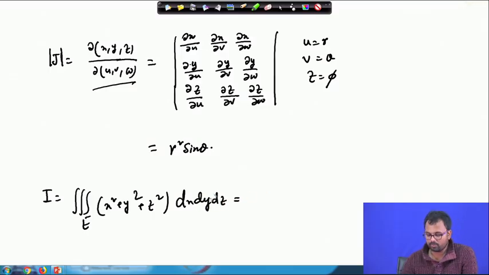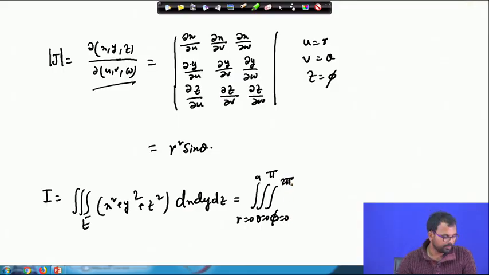If I transform this integral into a polar one, then r runs from 0 to a, because that is the range for the variable r or the radius, theta will run from 0 to pi, and phi will run from 0 to 2 pi. And this will be x square plus y square plus z square.